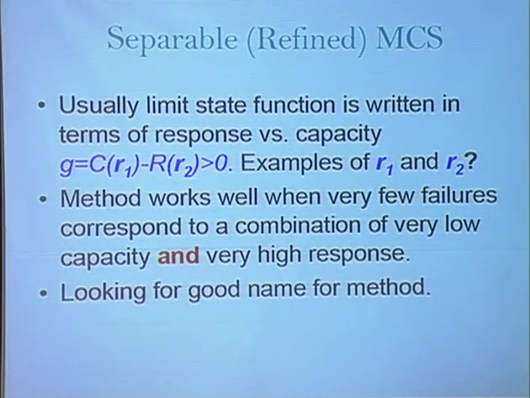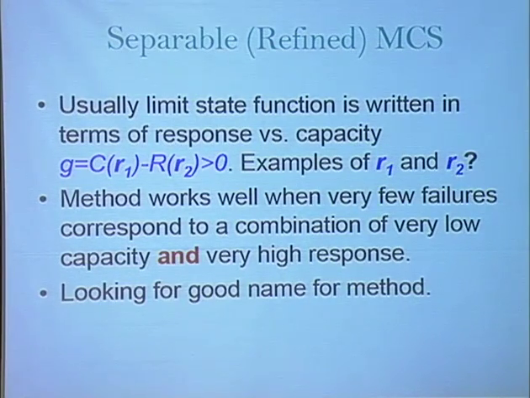The capacity depends on one set of random variables, or a vector R1, and the response depends on another vector, R2. And let's say that the capacity is the failure stress of the structure, and the response is the actual stress.